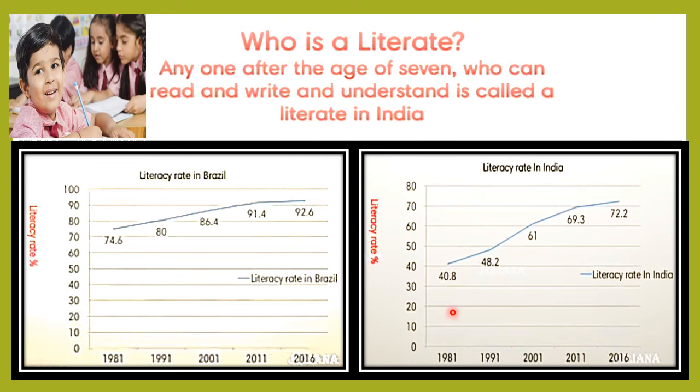So in India, let us see how much percentage of educated people there were. In 1981 we had 40.8 percent of the population educated. 1991, 48.2, 2001, 61 percent, 2011, 69.3 percent, 2016, 72.2 percent, whereas Brazil in 1981 had 74.6 percent.